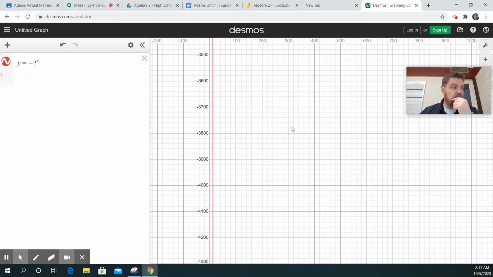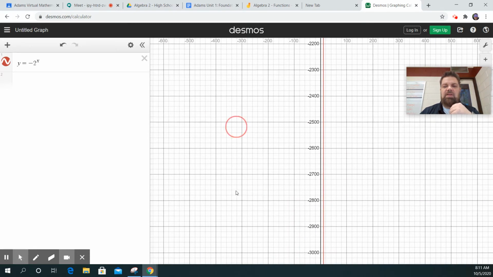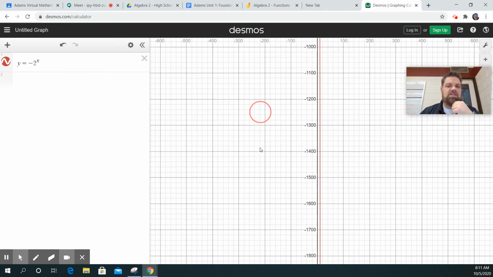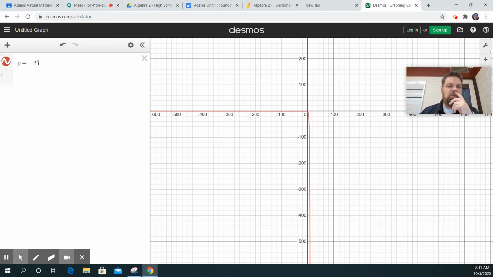It looks like it doesn't go that far, but actually it grows in the negative direction. So the y value gets less and less and less, but the x value I could plug anything in for x. So that could be deceiving. Somebody might think that it stops at 1, but it doesn't. It could go on forever. It's just when you raise a -2 to a million, it's like a very negative number.